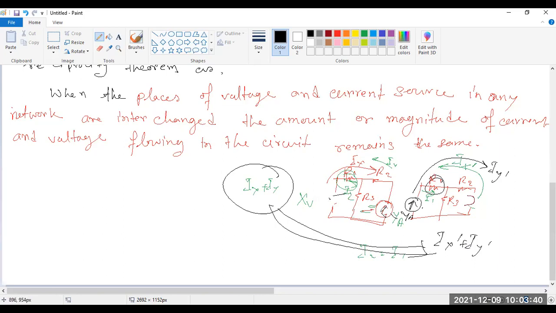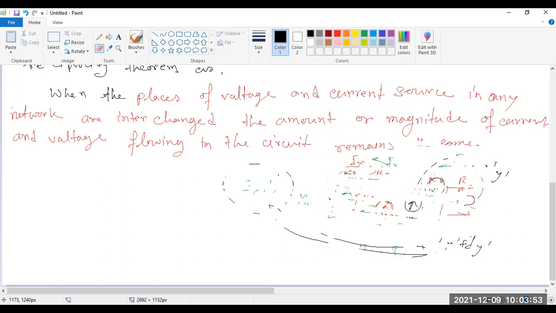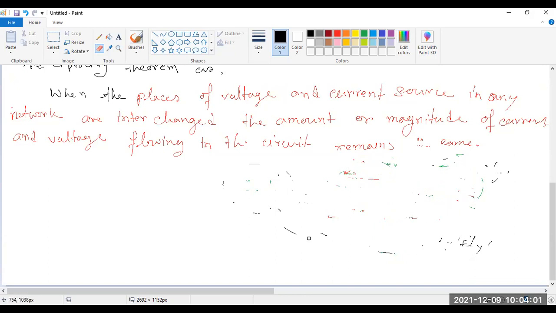It's all the same, it is just changing its position only. I think you can understand this. Then we will go for the application, and how we could solve this theorem if this type of problem comes. Look, what is the application of this theorem?